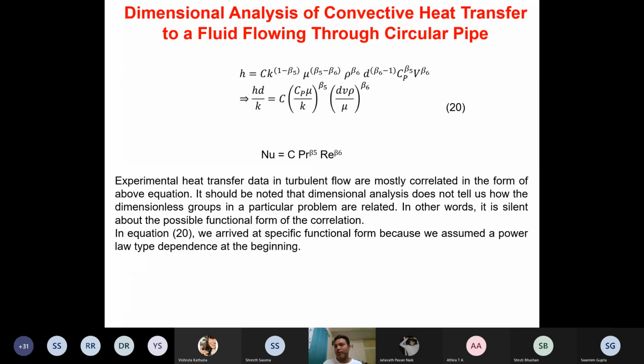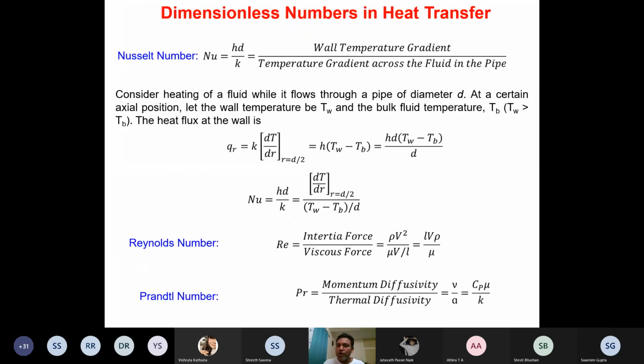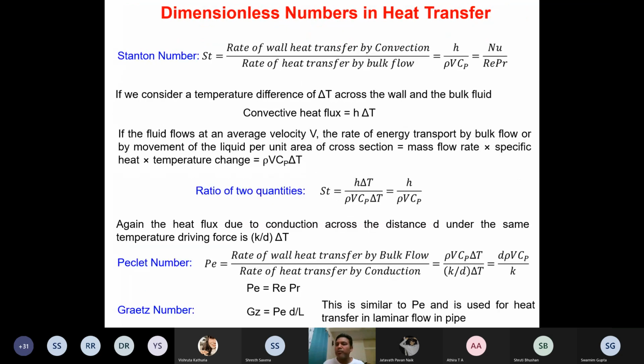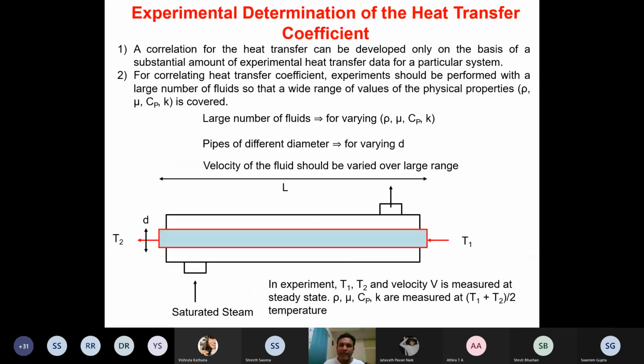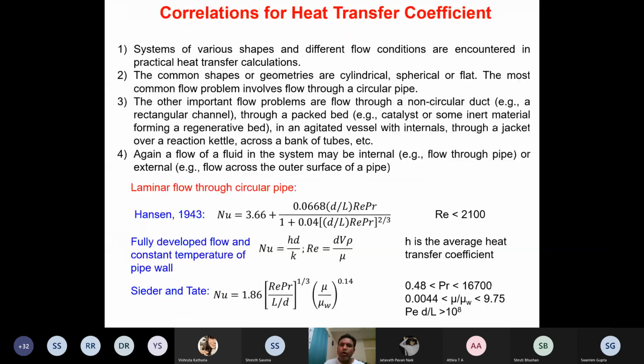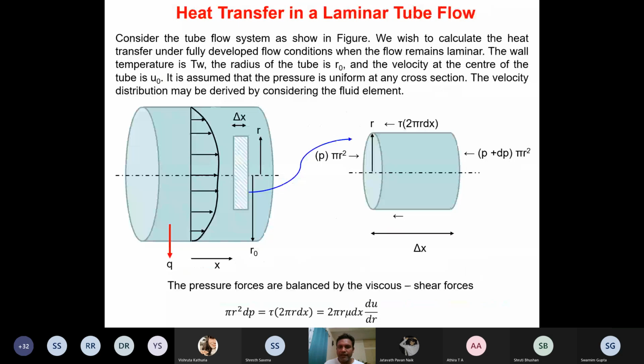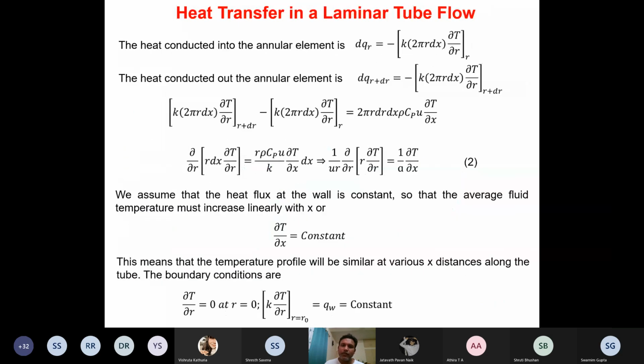These correlations are formulated by performing experiments, like the experiment in the double pipe heat exchanger, where the properties, diameter and velocity are all varied, and based on that the correlations are formed. So this is one way of doing it. We have seen different correlations in the last class, isn't it?